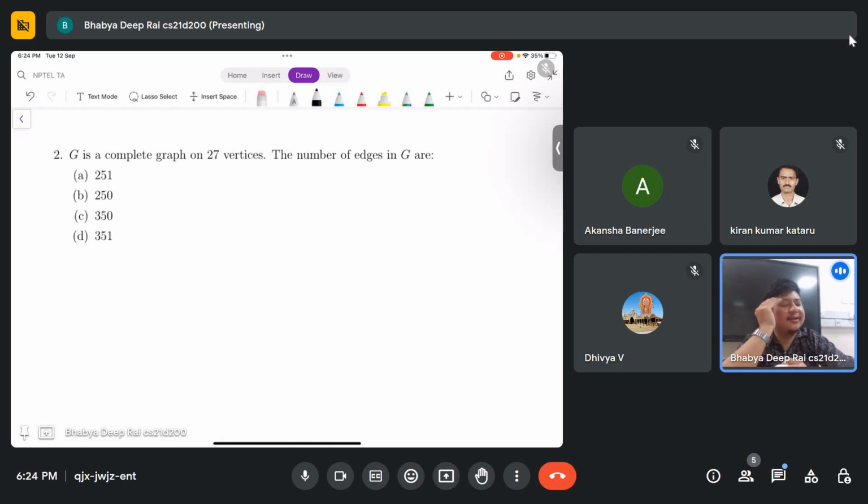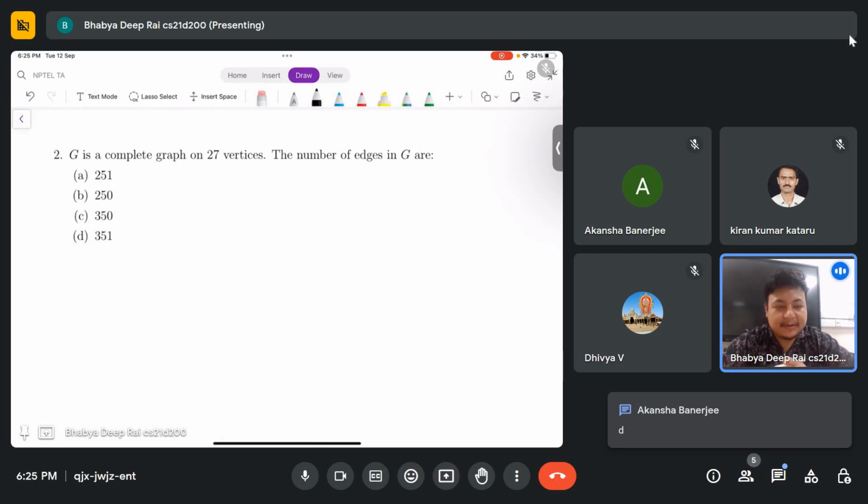Much of graph theory is combinatorial, and this is a simple combinatorial argument. But there's also a formula to do this. If you already know the formula, Akansha says P.